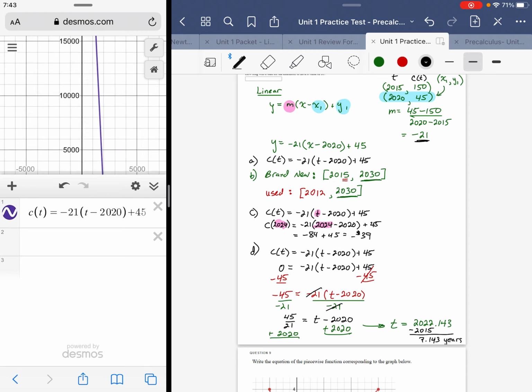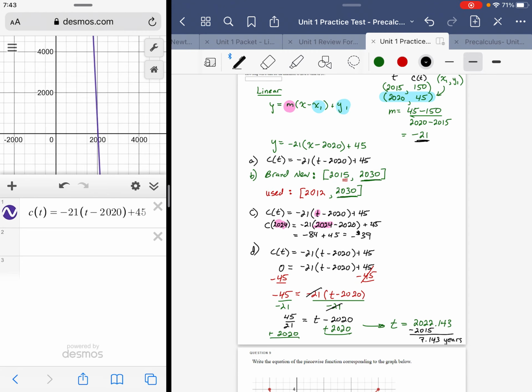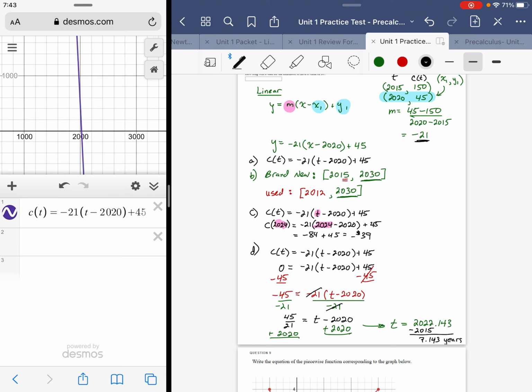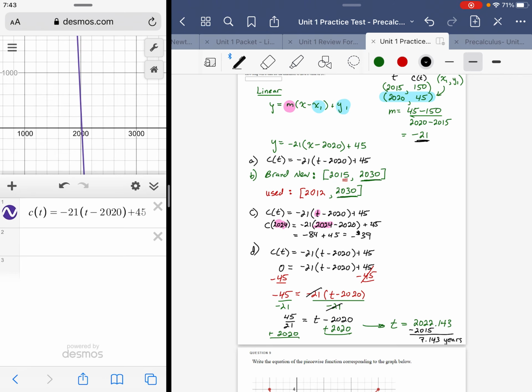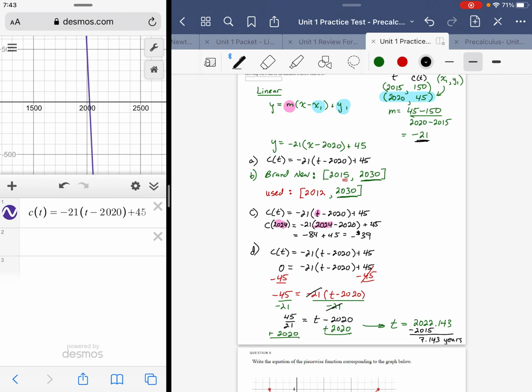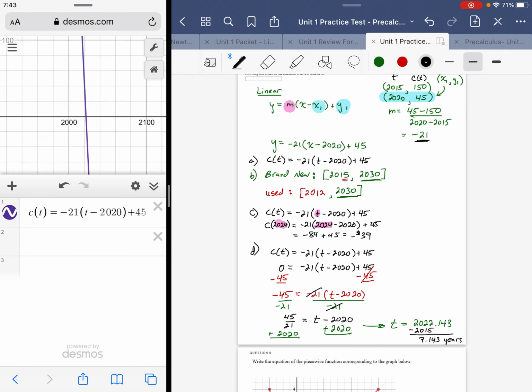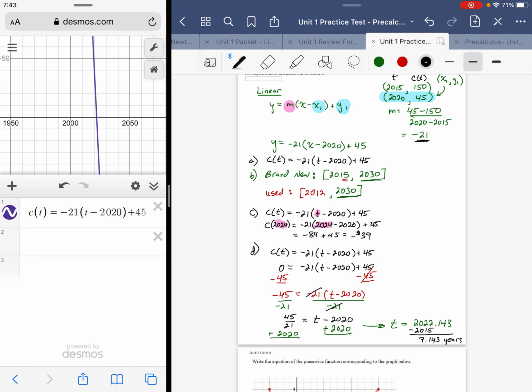There it is. Alright, so it looks like we're kind of living in this neighborhood here in terms of the x-intercept. Alright, the x-intercept, if you're looking at part D, that's when C of t is equal to 0. So if you just tap on that, it'll give you the solution.